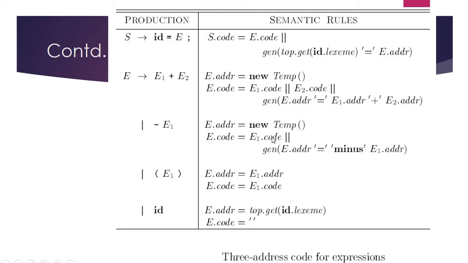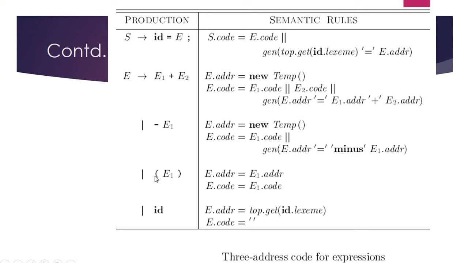That will be there in E1.code, concatenated with the 3 address code for minus E1, which will be generated through the generate function. It's a predefined function for the compiler. So E.address equal to unary minus followed by E1.address. All these things we have to concatenate to find out E.code.